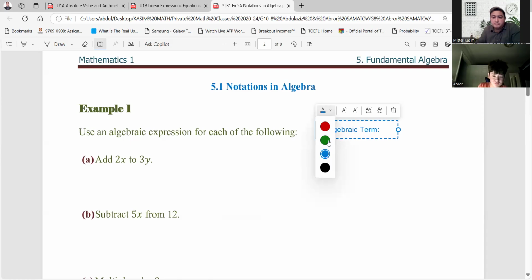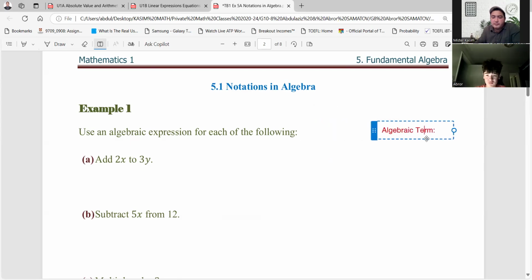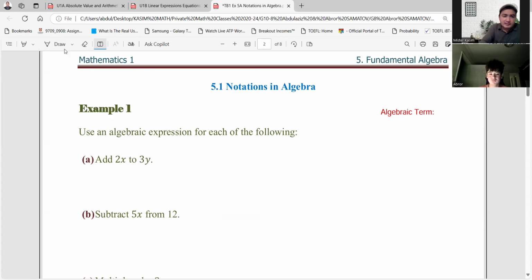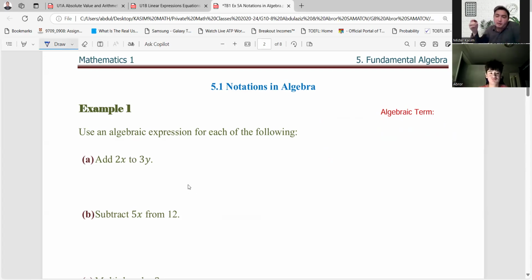What is an algebraic term, Abror? An algebraic term is a number, or a letter, or the product of numbers and letters.